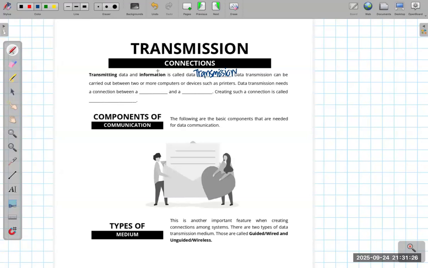Data can be transmitted between 2 or more computers, such as a printer. Data transmission needs a connection between a sender and a receiver. Such a connection is called network communication.